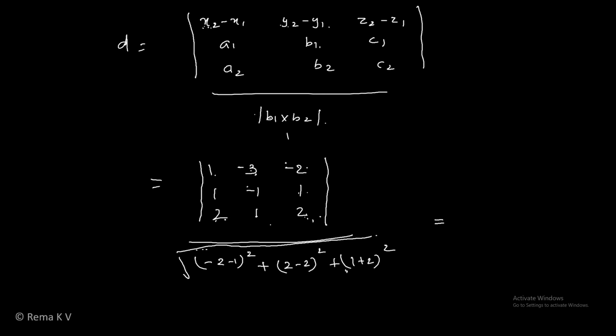Okay, now find the value of this determinant. One into minus 2 minus 1, minus of minus 3, that is plus 3 into 2 minus 2, then minus 2 into 1 plus 2, divided by, this gives minus 3 square, that is 9, plus 9, 18, root of 18.